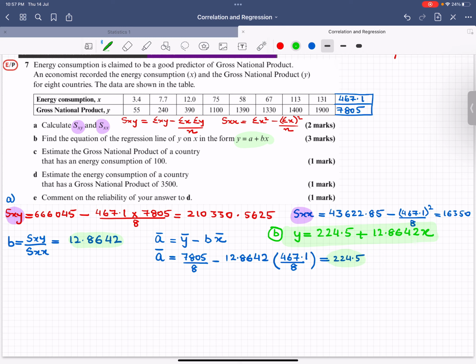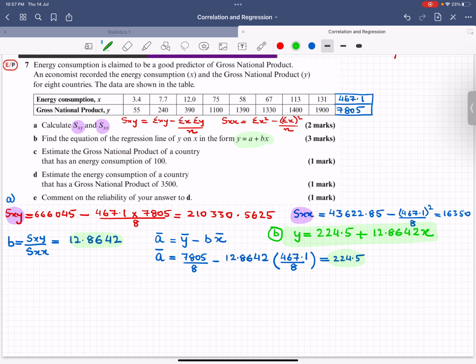Moving on to C, estimate the gross national product of a country that has energy consumption of 100. Now energy consumption is the x value. So all we need to do is plug in 100 for x and calculate the gross national product, which is the y value.